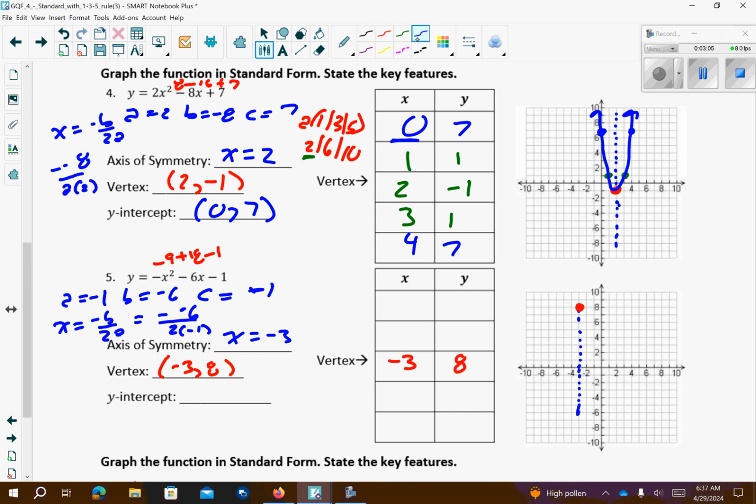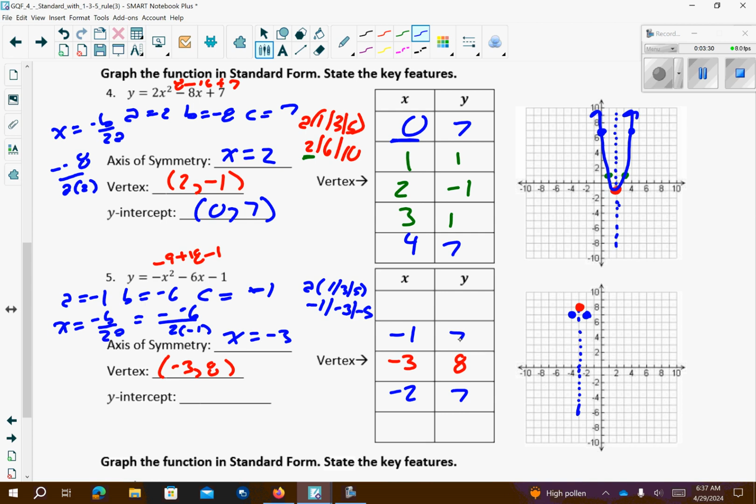And then we can pattern graph. Our pattern graph will be a times 1, 3, 5. Okay, we have a -a, so it's -1, -3, -5. So I'm going to go right 1 down 1, left 1 down 1, so that's going to give me a couple more points. Looks like I'm going to get -2, comma 7 and -1, comma 7.